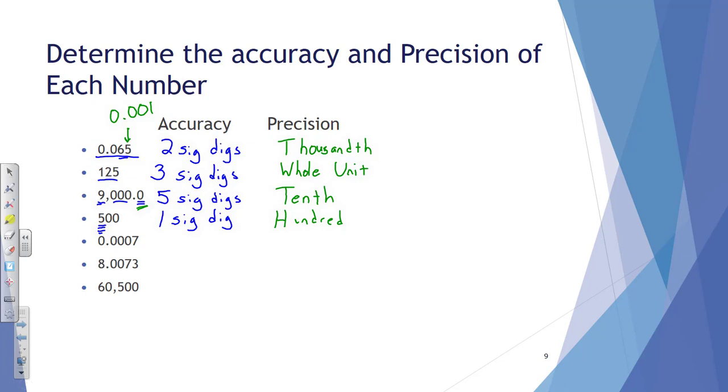0.0007. That 7 is significant. These zeros are the tricky ones. They feel significant, but they're not. All they're doing is pushing that decimal place out to the left. And if that's all it's doing, those zeros are not significant. And so that 7 is the only sigdig.